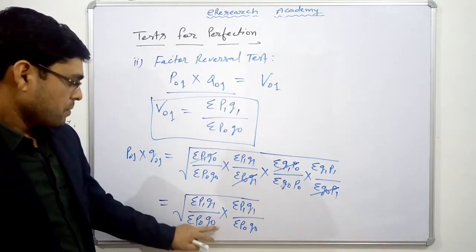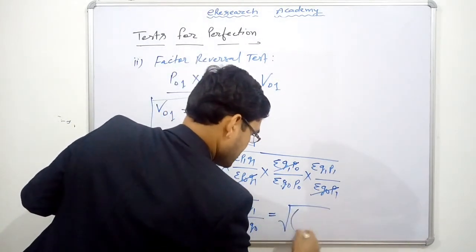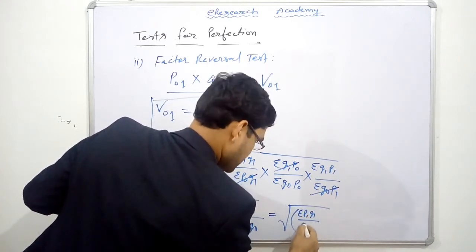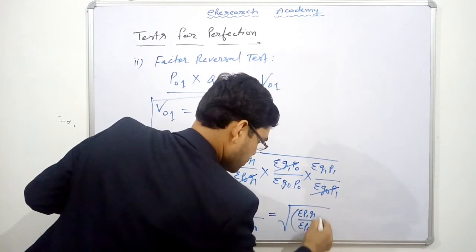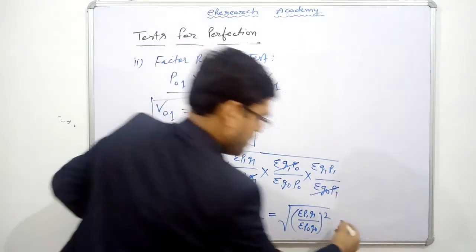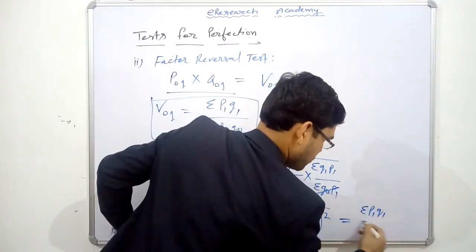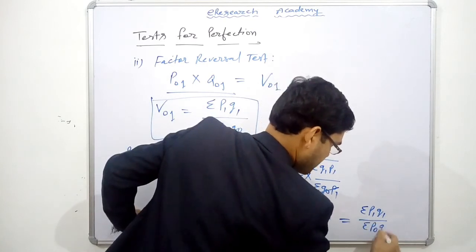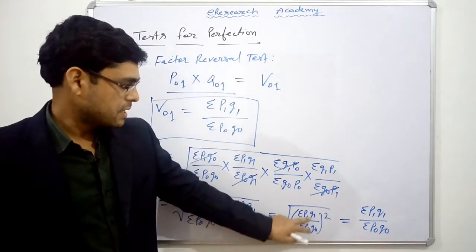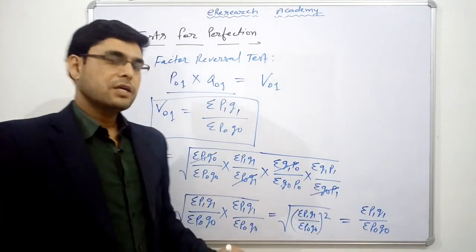So simply it is sigma P1 Q1 upon sigma P0 Q0 whole square. The square root of this square is sigma P1 Q1 upon sigma P0 Q0.